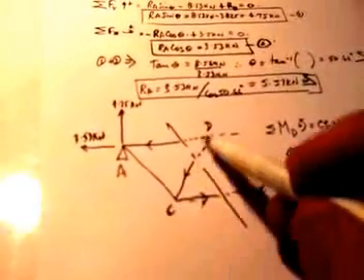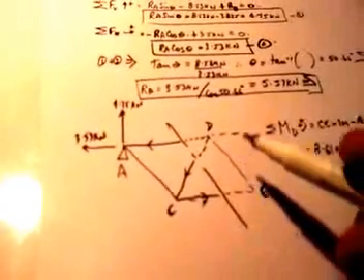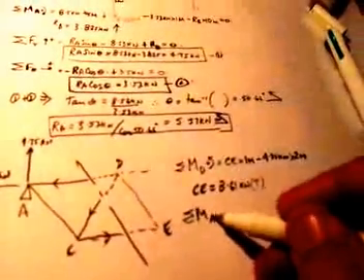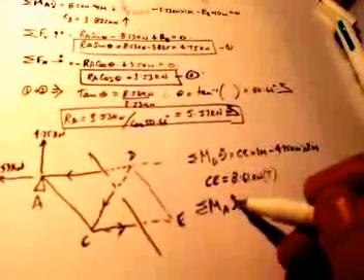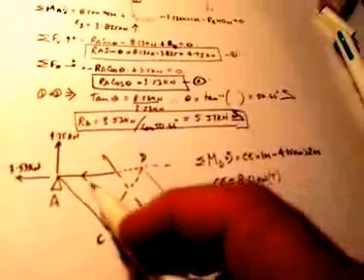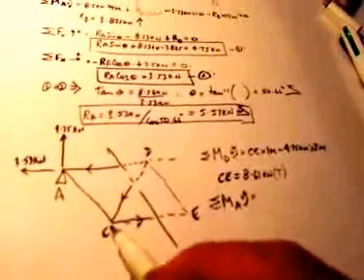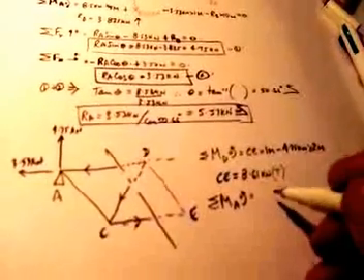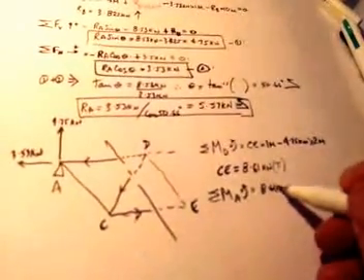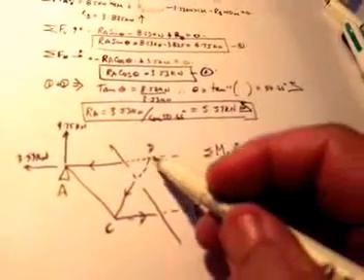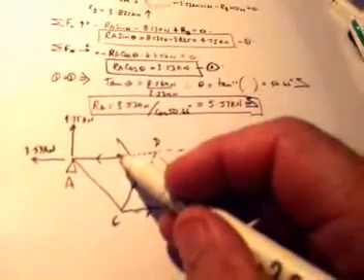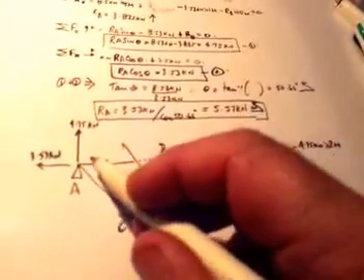and I'm just left with CE, which I've already worked out, and CD, which I want. So I'm going to take moments about A, and I make it this way positive again. So with that I get my CE force, which I already know to be 8.61 kilonewtons, multiplied by the perpendicular distance from A, that's this distance down here.